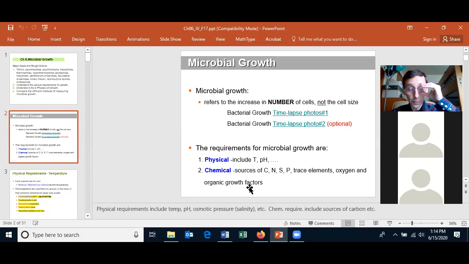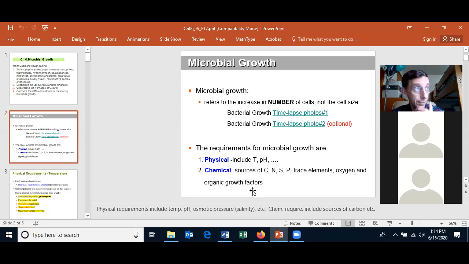If you were in a microbiology lab and growing things in the lab, the media would supply all of these physical and chemical sources that are required by the cells to grow. Most of the cells you would have grown in the lab would not have had an organic growth factor required.